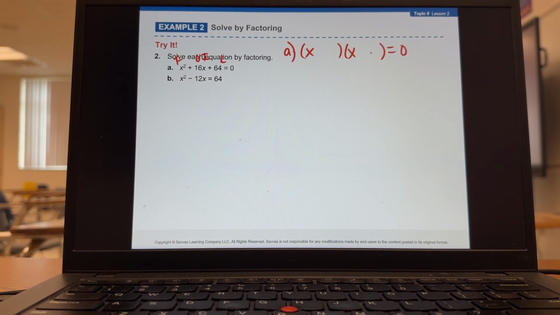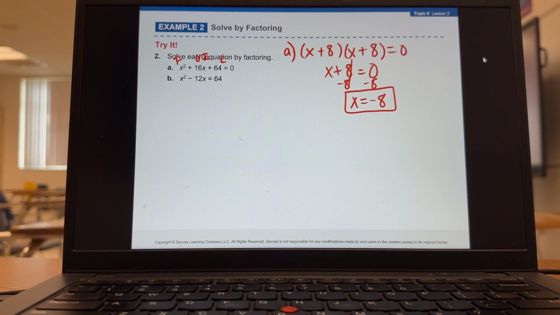And then I have to find two numbers that when I multiply, give me 64, and when I add them together, give me a positive 16, or two 8s. Because they are identical, this would be an example of factoring that only has one solution. Since they're both the same, I just need to write one of them and solve it. Subtract 8 from both sides, and x would only equal negative 8 for this problem.